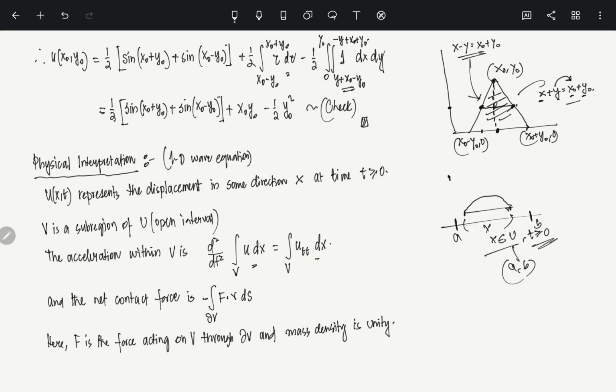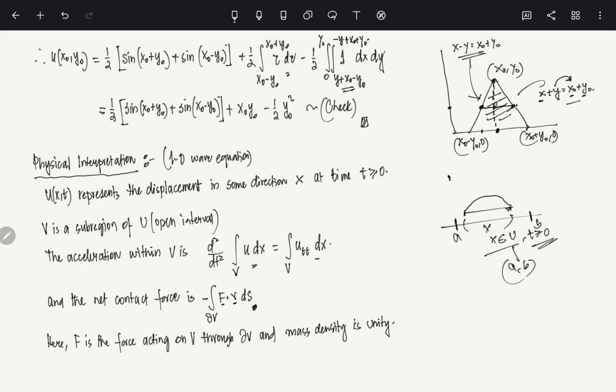Now you see, if this is the net force, that is acting on the subregion V, and how is it acting? Through the boundary del V. So essentially that is the force, the component of the force in this direction. And by Newton's law, what do you know? That mass times acceleration is the net force.